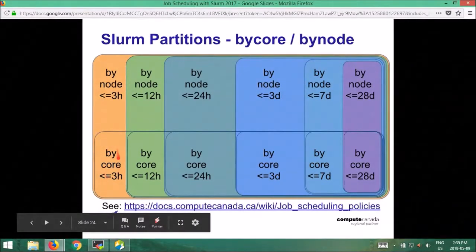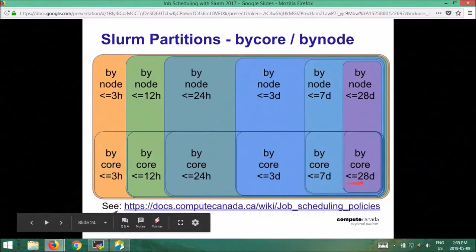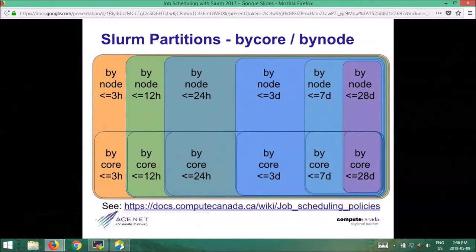A job with a 3-hour runtime limit that is requesting some smaller number of cores, or, and this is important, if it's requesting just n tasks, even if the number is 32 or 64 or 128, if it just asks for n tasks and doesn't say --nodes equals 1, 2, 3, 4, then it has to be scheduled in the by-core 3-hour partition, which is this chunk of the cluster. And so on for the other partitions.